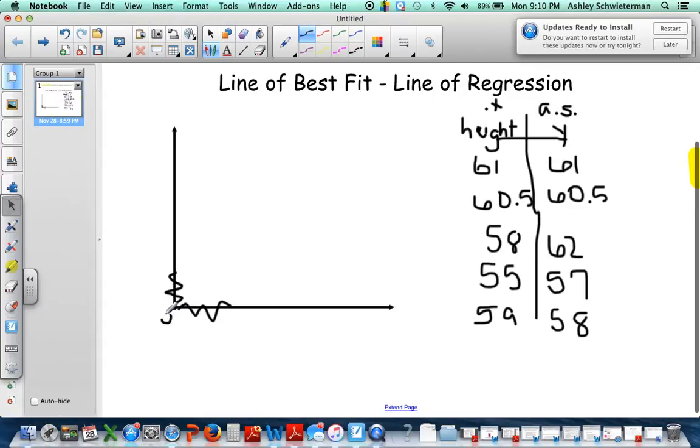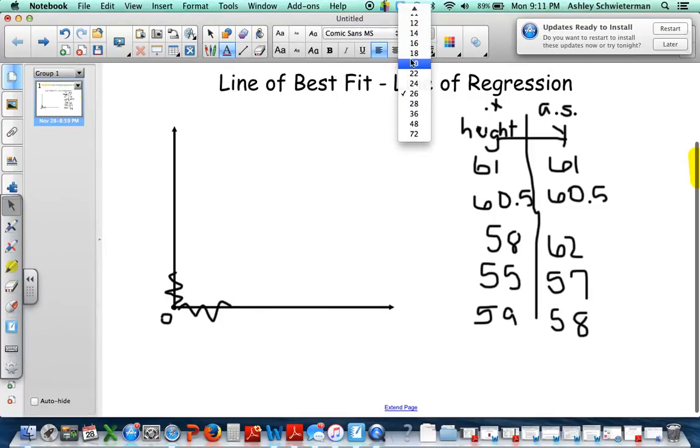This is the origin. You don't have to do it on both. In this case, I am going to do it on both because both of the x and the y aren't starting right at 0. So here, I'm going to start at 55 on both. So we're going to start at 55.